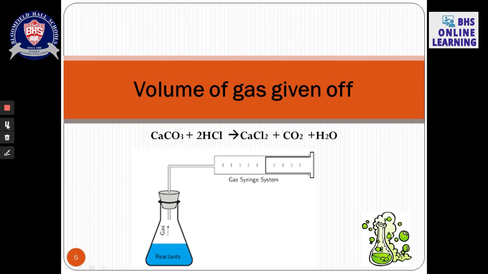This is the experimental setup to measure the volume of gas produced. The reaction is between calcium carbonate and dilute hydrochloric acid. And in the product, you can see a gas is being produced, which is carbon dioxide.